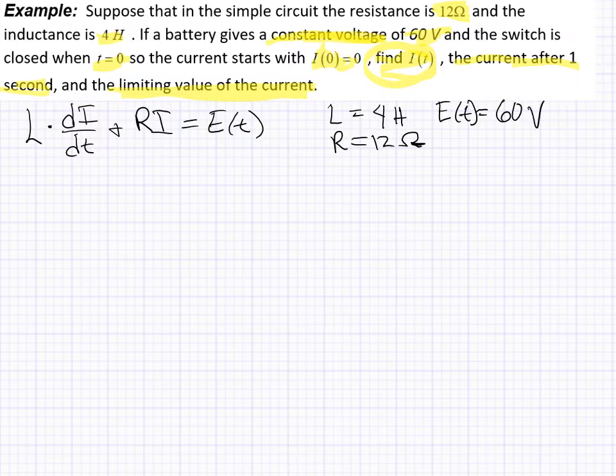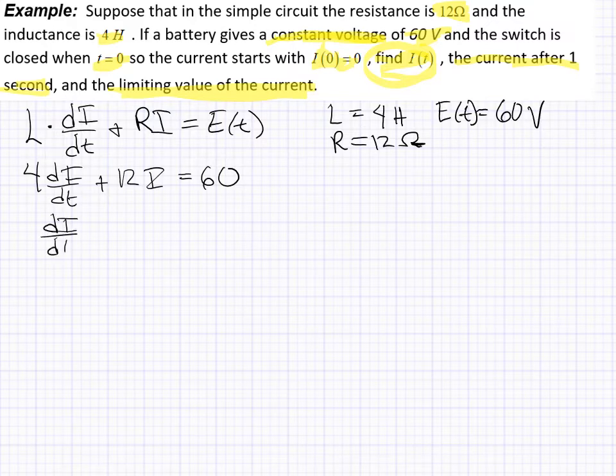So if we plug all that in, we get 4 di dt plus R, which is 12, times I, equals 60. You see this is a very simple linear differential equation. We'll put it in standard form, dividing everything through by 4, so we get di dt plus 3I equals 15. Here's your P of t, here's your F.